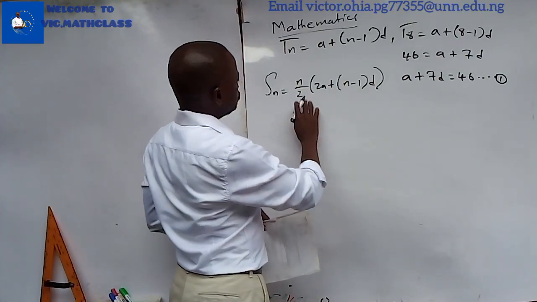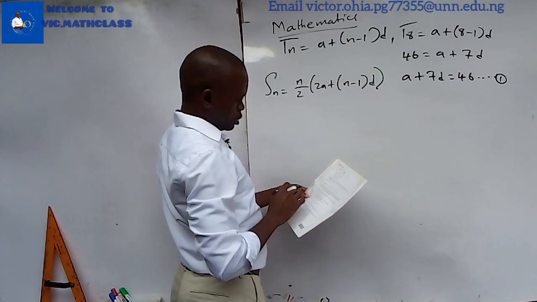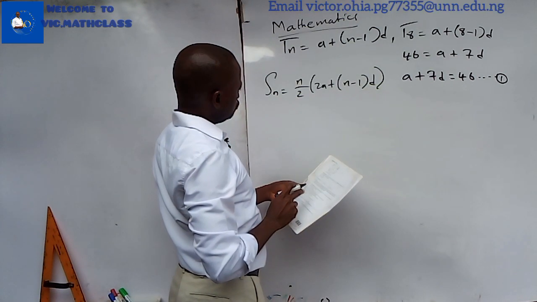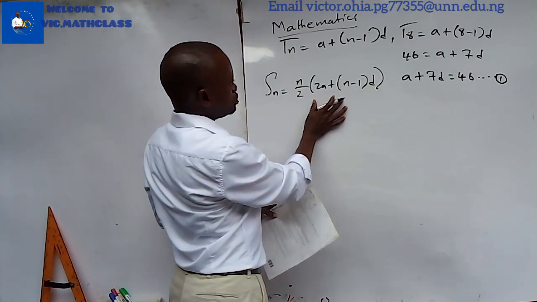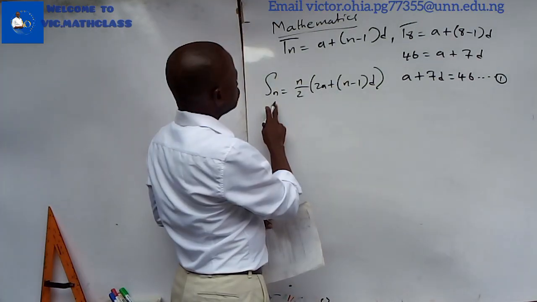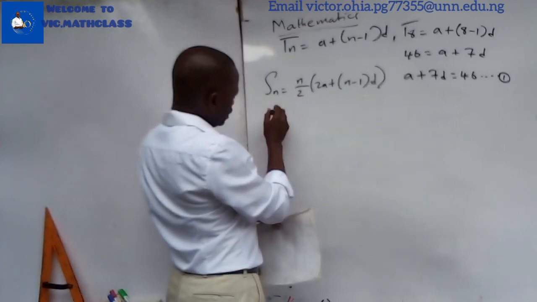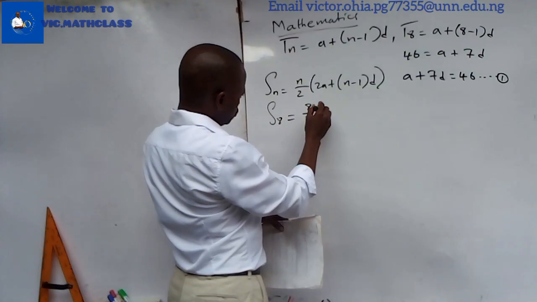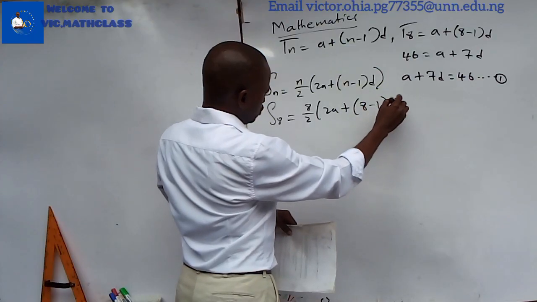But we are not using that because of the nature of the information provided here. We have the n available, and then we have the sum of those 8 terms also available. That's why we're making use of this. There's nothing like last term there. So the sum of the first 8 terms, that is S8, is 8 over 2 bracket 2a plus bracket 8 minus 1, then the common difference.